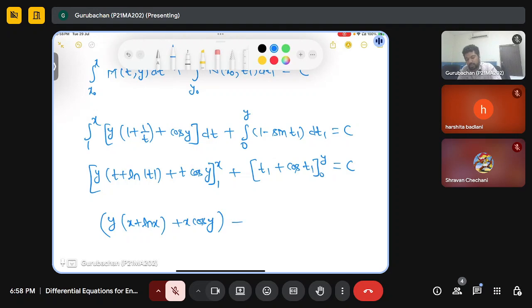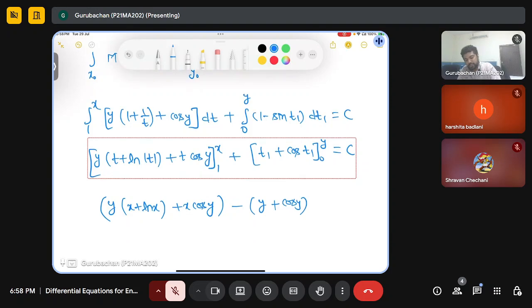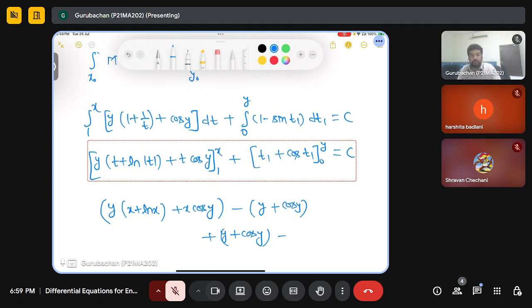Now, if you put 1 here, this will give you y plus cos y. Now, the next term will give you y plus cos y, and if you apply 0, what will come out? Tell me.